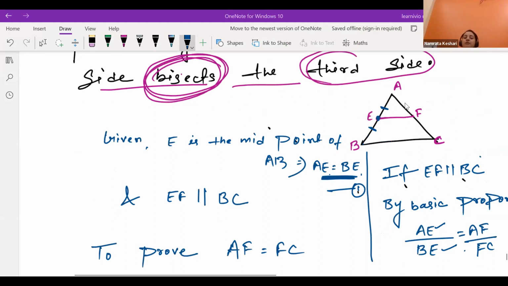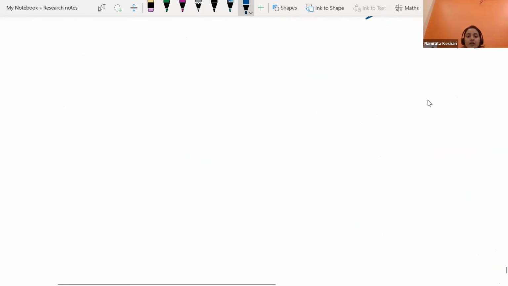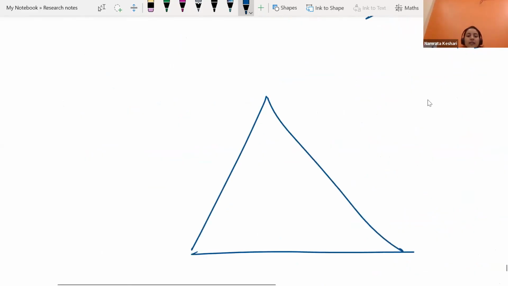It says: prove that a line drawn through the midpoint of one side of a triangle and parallel to another side bisects the third side. If you have a triangle and you are drawing a line through the midpoint of one of the sides, and that line is parallel to another side, then in maths usually an arrow means parallel.